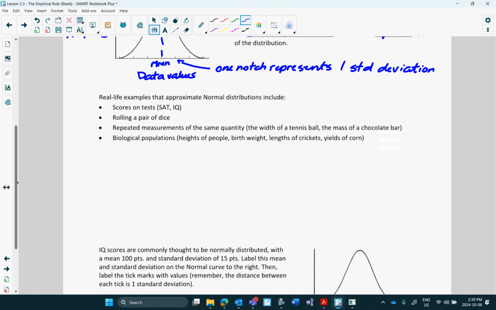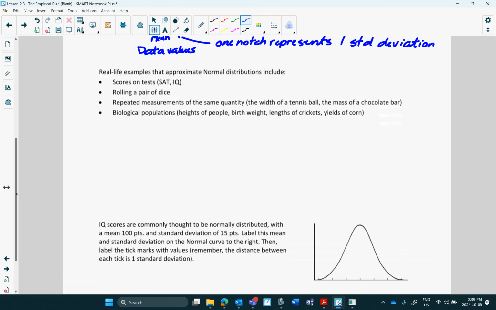Here are just a few areas where normal distributions come into play. Okay? Any kind of test score, especially standardized test scores like SAT or ACT or IQ tests.